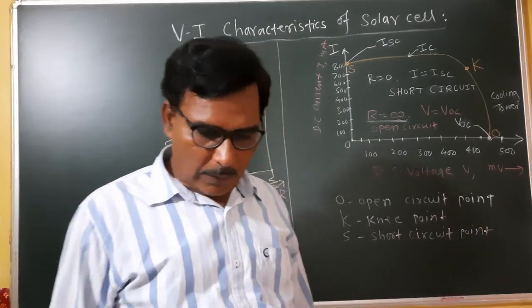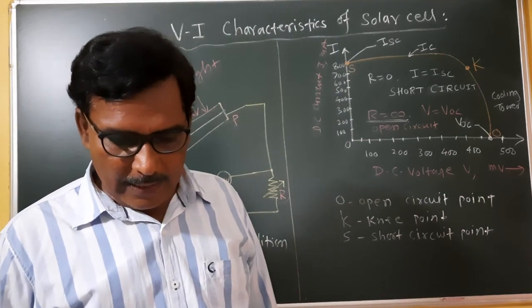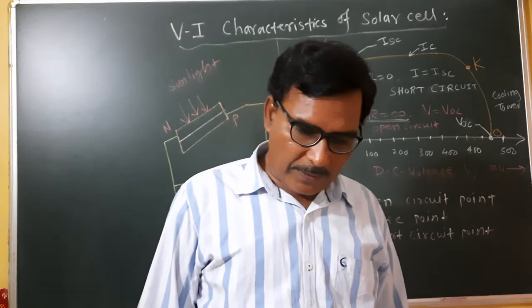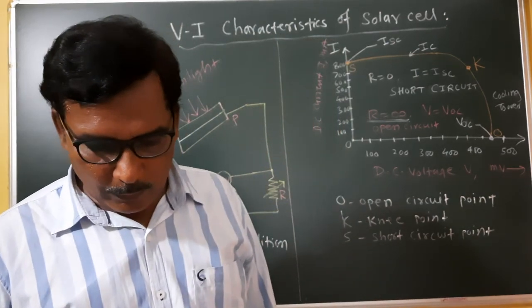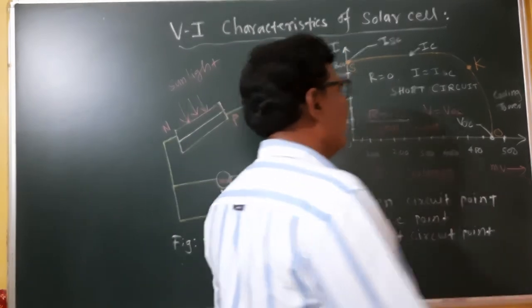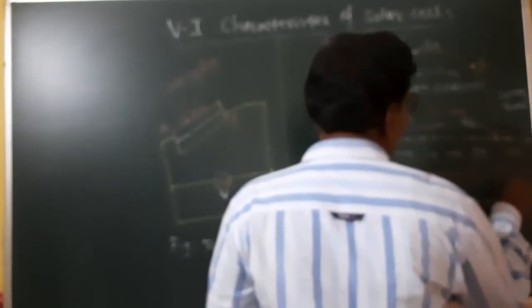The open circuit voltage is called VOC, and the solar cell generates about 450 to 500 millivolts, that is, near about 0.5 volt.